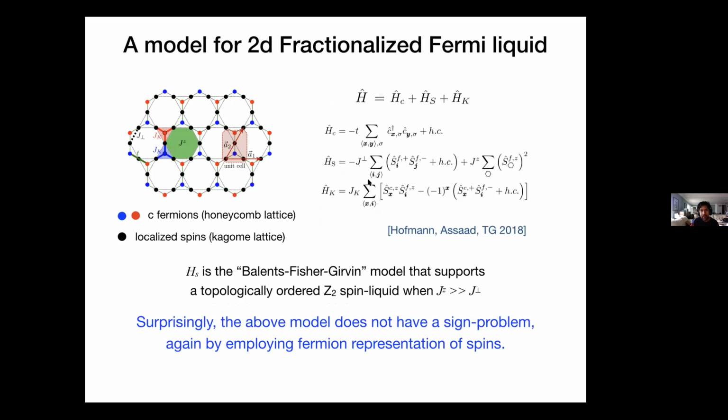And you can. You have to work with this fairly complex model called the Balents-Fisher model, which has Ising-like frustration with nearest neighbor ferromagnetic coupling on a Kagome lattice. So a spin liquid on a Kagome lattice has some geometric frustration. Don't worry so much about details, but it has enough frustration to give you a Z2 spin liquid.